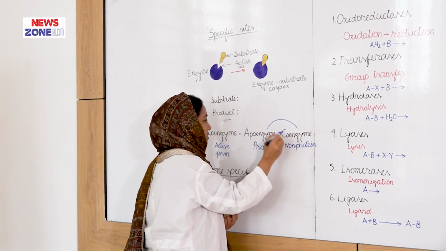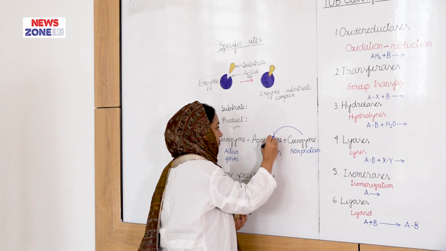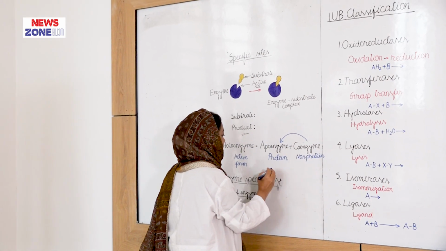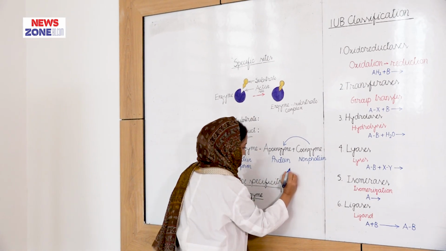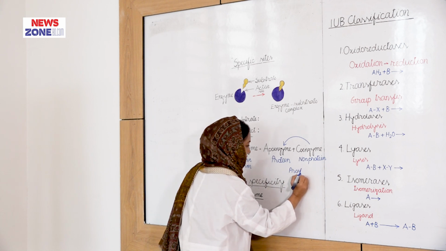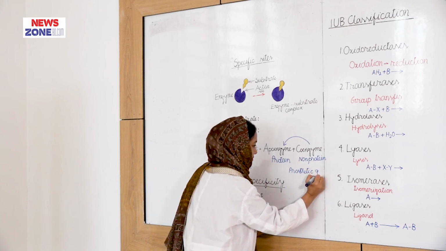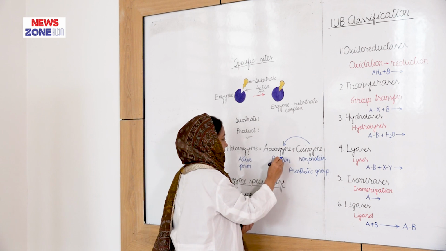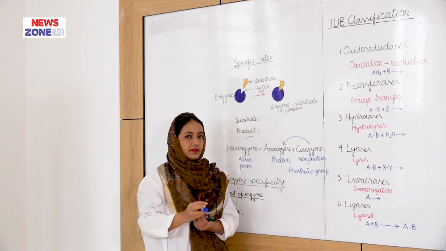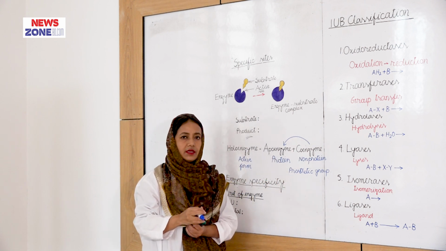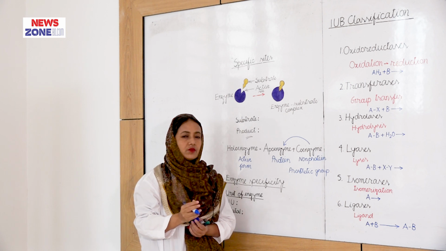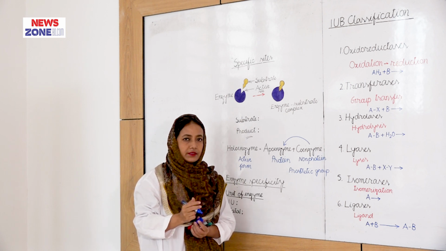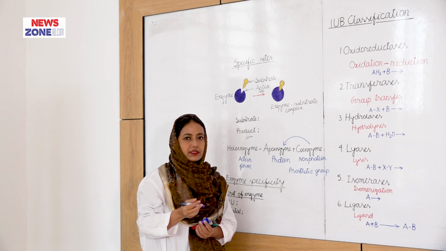Whenever the coenzyme binds tightly with the apoenzyme, it is known as a prosthetic group. Enzyme requires some activators, known as cofactors. Usually they are trace elements that enhance the enzyme-catalyzed reaction.